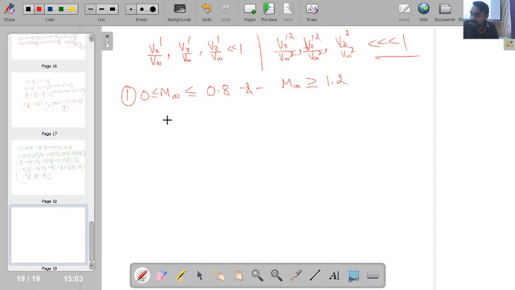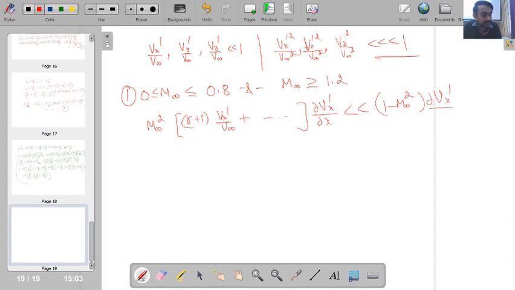In this region, we will be finding that M infinity square times (gamma plus 1) vx dash by V infinity plus so on, this entire term where del vx dash by del x is there, will be very small in comparison to (1 minus M infinity square) del vx dash by del x. This is the second condition we are introducing, that within this range of Mach number we will be finding like this.